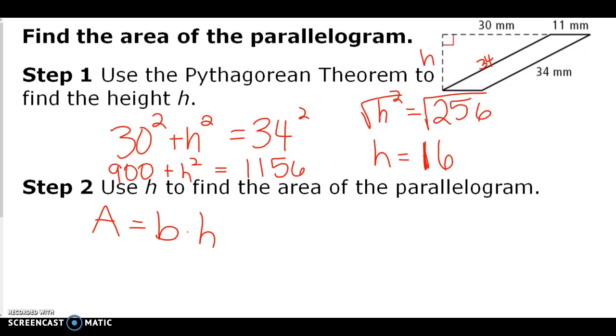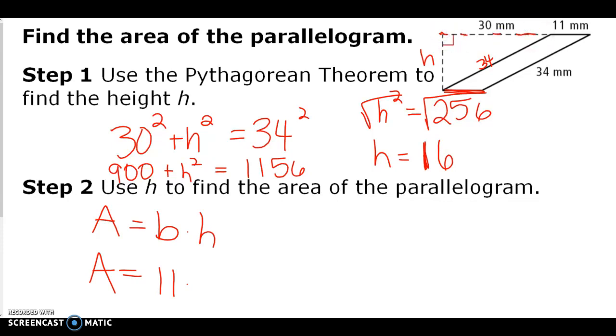Okay, so now we can find the area. So we are looking for area. What's our base? Be really careful on that, on our parallelogram. 11. Okay, is the base just whatever is more horizontal? Yep. On this parallelogram, the base is 11. So be careful. It's not this 30 up here. This 30 is just something we found to find our height.